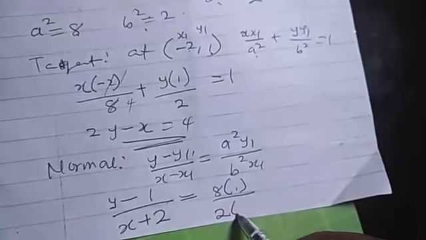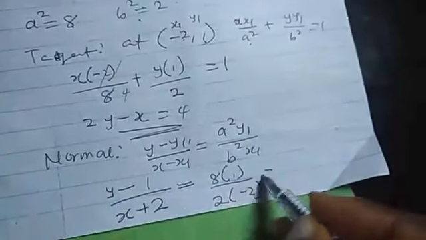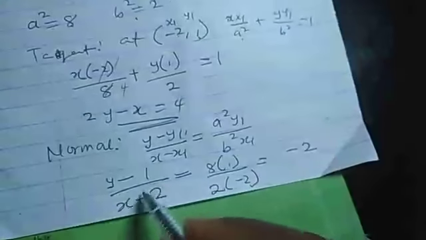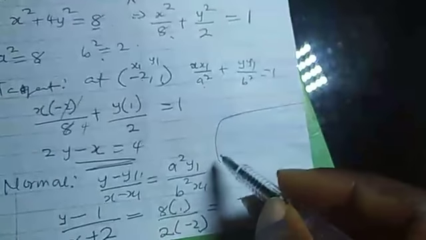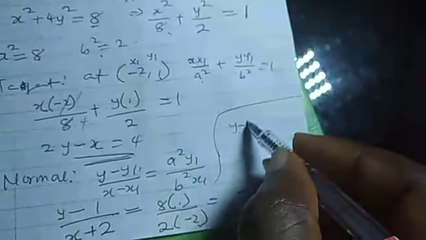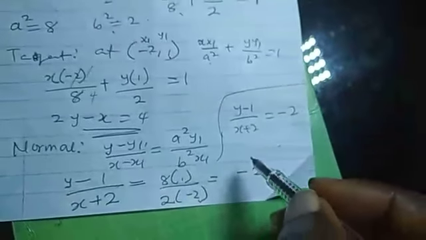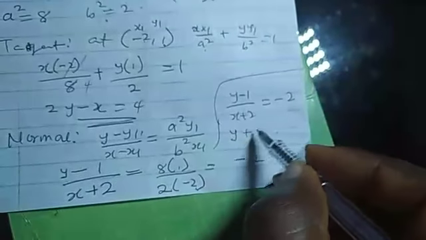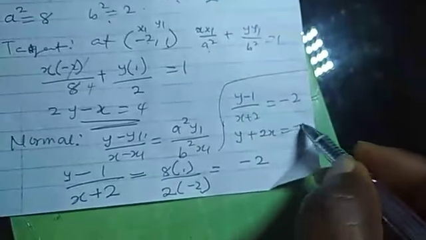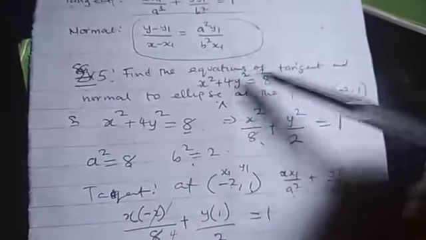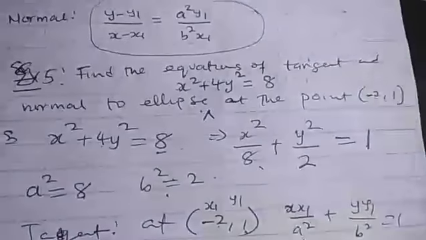Our b square is 2 times this. If we divide this by this, we should be able to get minus 2. So what we are going to have there will be (y minus y1) over (x plus 2) is equal to minus 2. At the end of the day, if you simplify, you should get y plus 2x is equal to minus 3. So this is the equation of the normal and the equation of the tangent to this ellipse at this point.